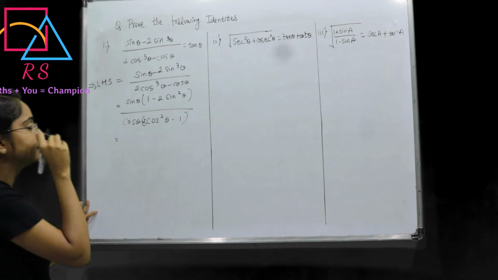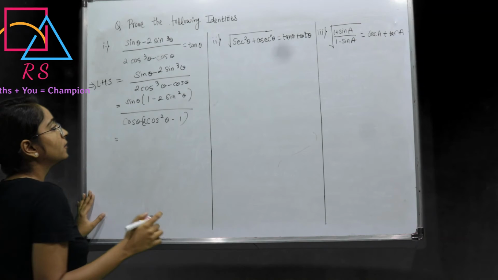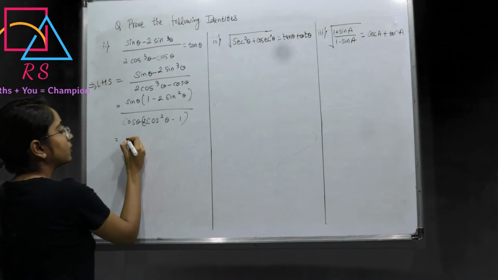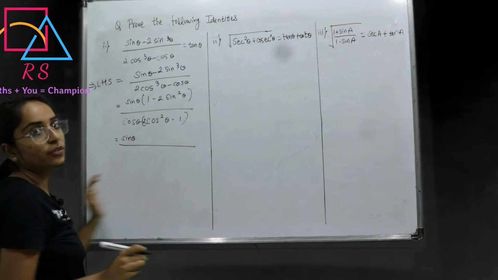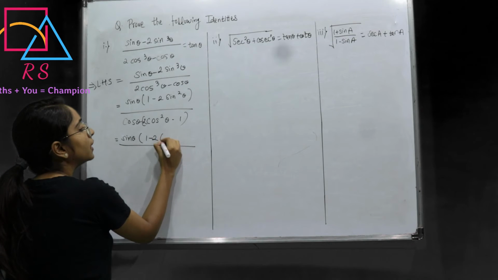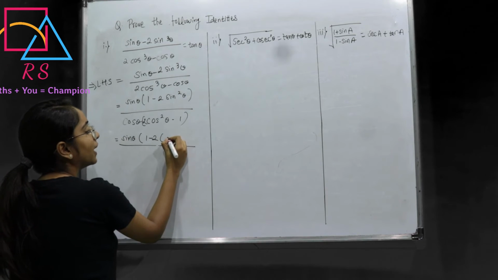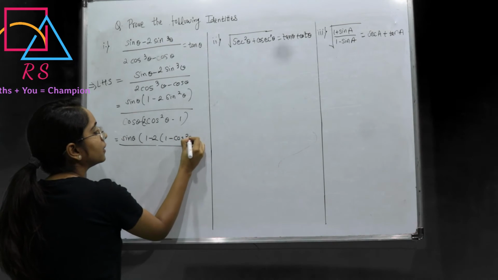Further, here we will simplify the numerator and put the value of sin square theta as 1 minus cos square theta. Here 1 minus 2, in place of sin square theta, using the identity we can put 1 minus cos square theta.